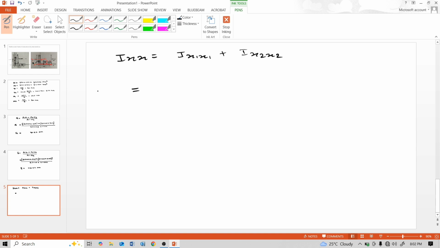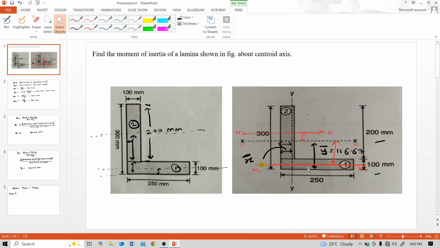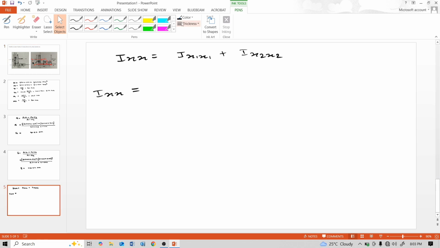That means Ix1, by the parallel axis theorem, is the moment of inertia about this Ix1 axis, and the moment of inertia about this Ix1 axis is b d cubed by 12. B is 250, d is 100, cubed by 12.